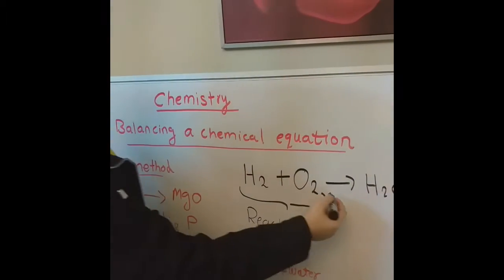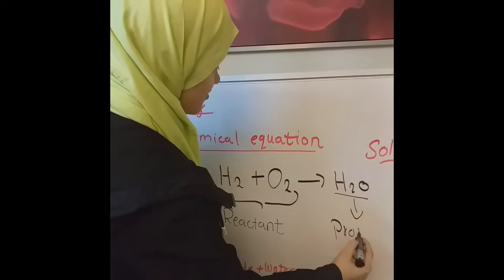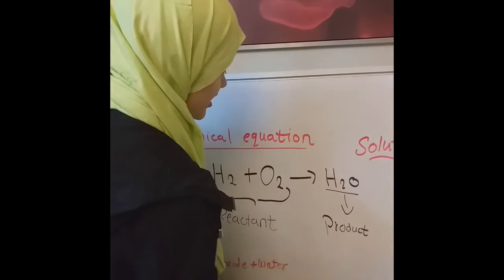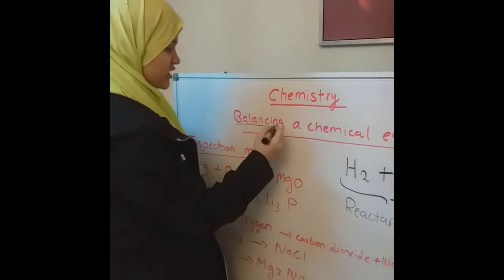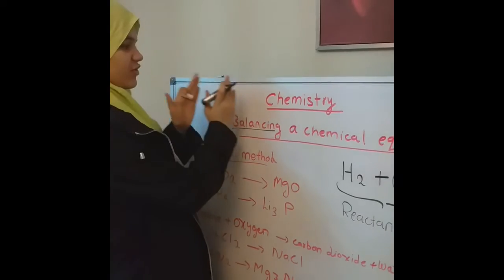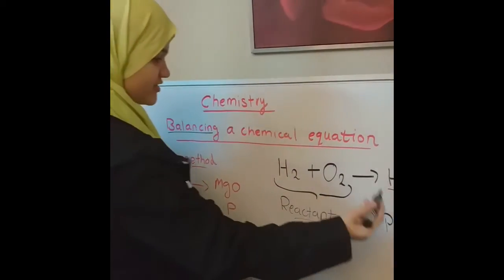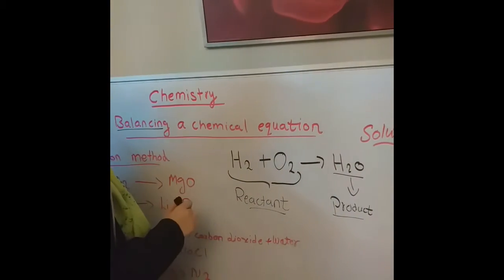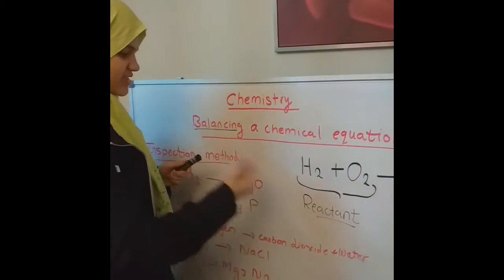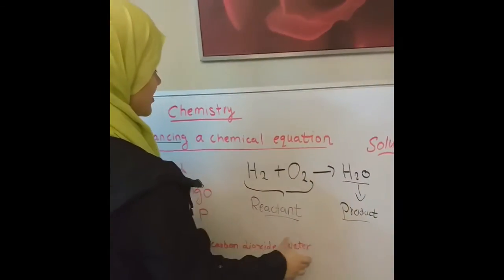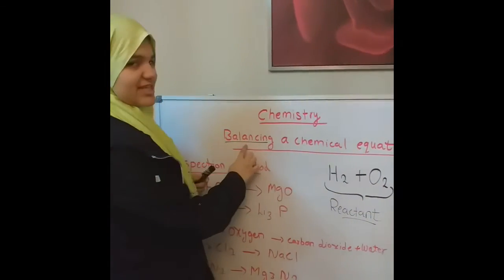And here, after the arrow, is the product. And I know you know what balancing means: to be balanced from here and from here. That means the reactants must have the same number of atoms as the products to be balanced. This is the first thing to know, what reactant and product mean. The reactants and products in a chemical equation must be balanced.